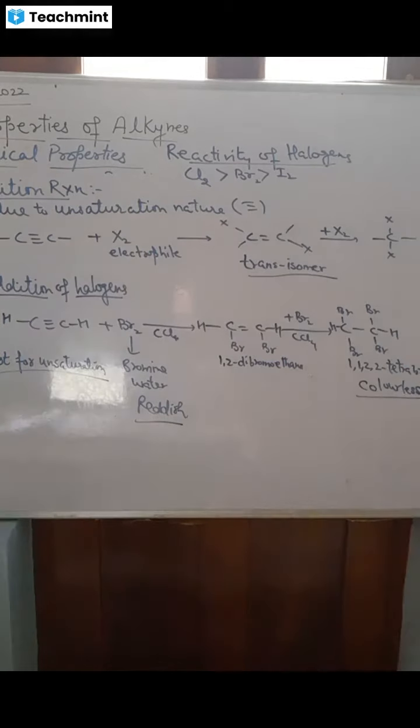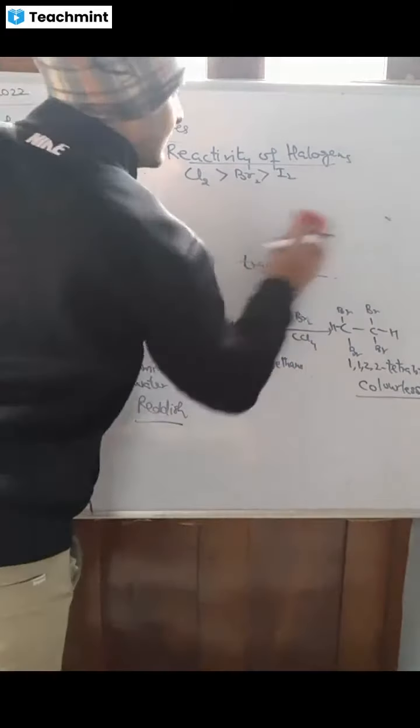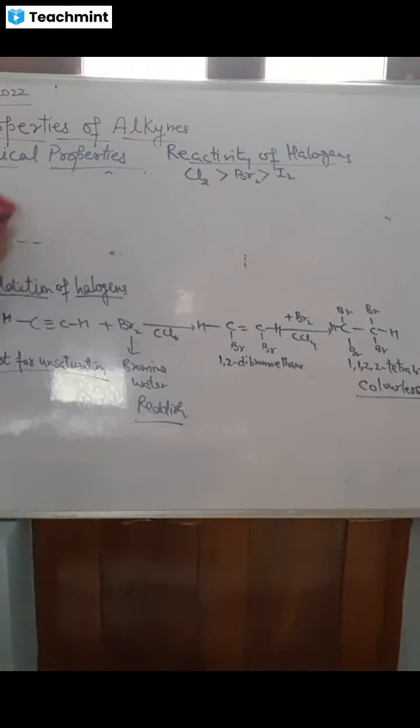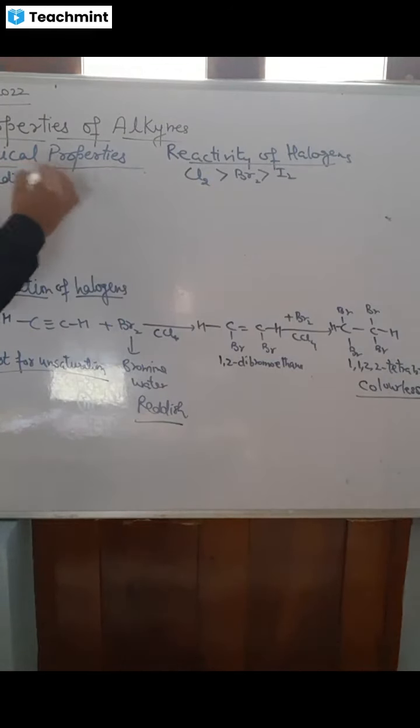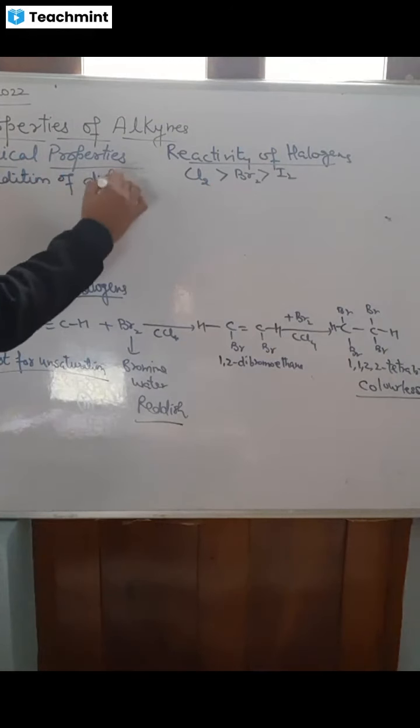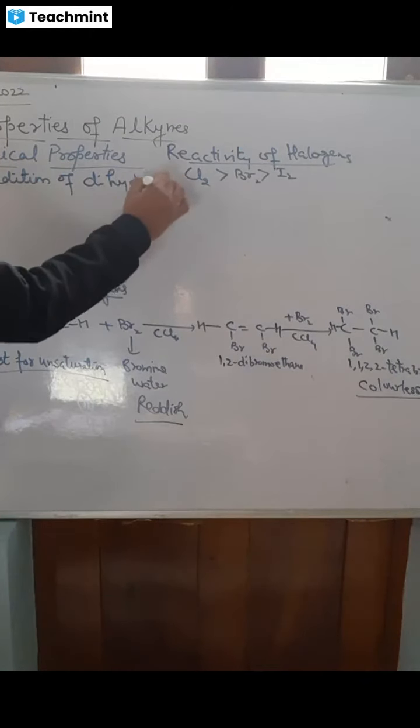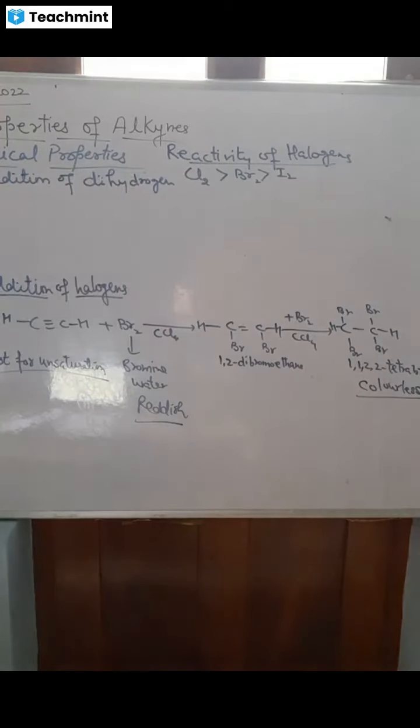Now addition of hydrogen. We can also add hydrogen. Addition of hydrogen, or dihydrogen, takes place in the presence of a catalyst. The catalyst may be palladium, platinum, or nickel.